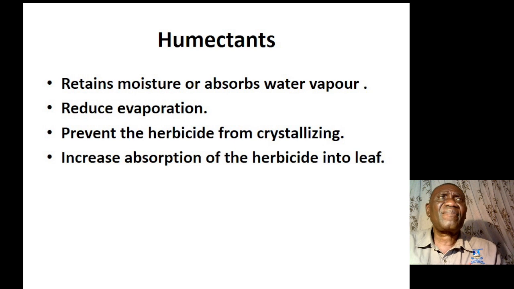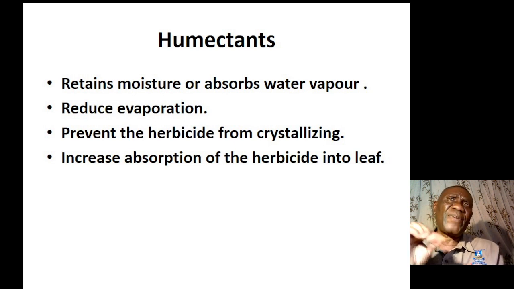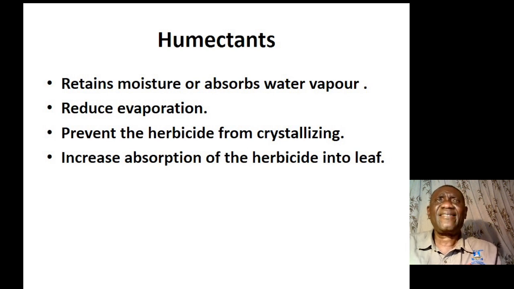Humectants. One of the problems when you apply droplets of water is evaporation, which makes the pesticide become probably a solid, which will then fail to penetrate the target. So you need humectants which retain moisture and absorb water vapor.